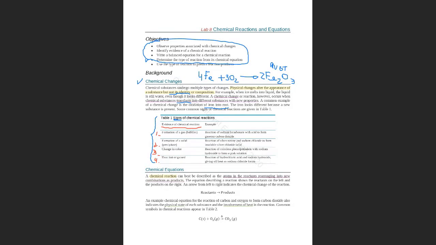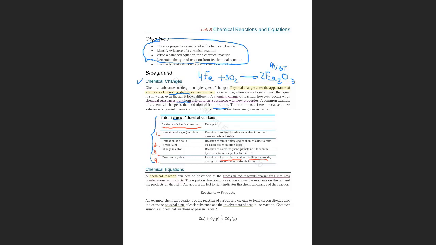And they give you here the example of hydrochloric acid and sodium hydroxide. Hydrochloric acid reacts with sodium hydroxide, giving off heat and sodium chloride and water. When you mix an acid and a base, you obtain a salt plus water plus heat.